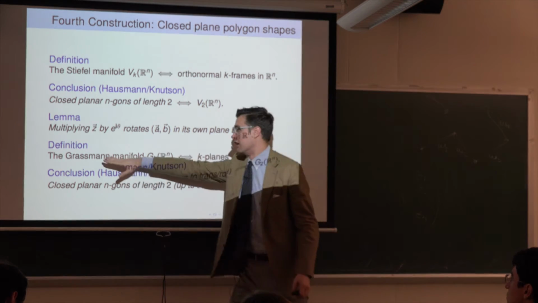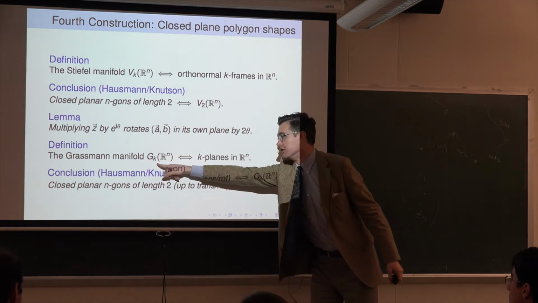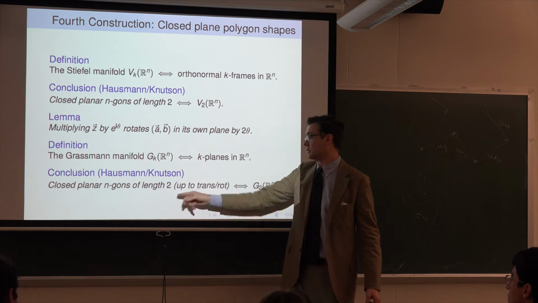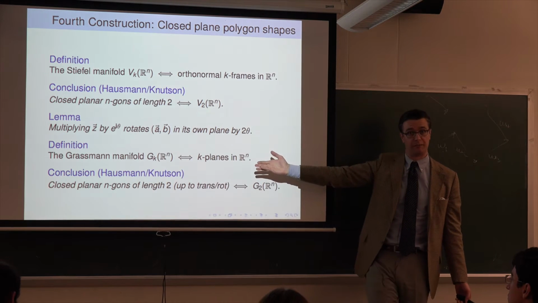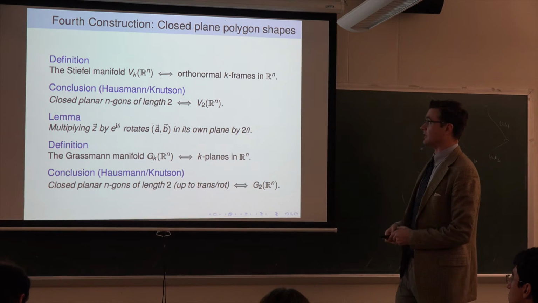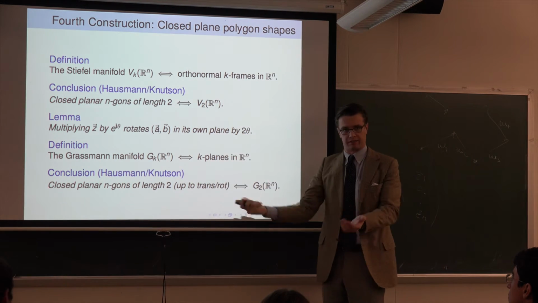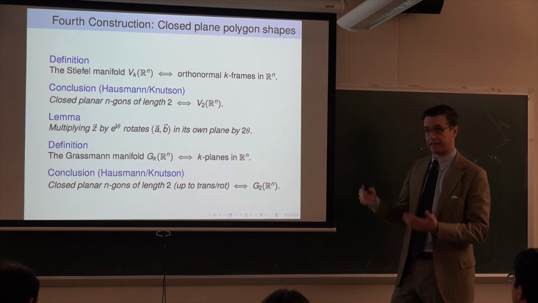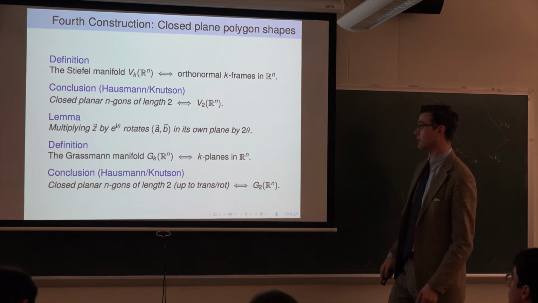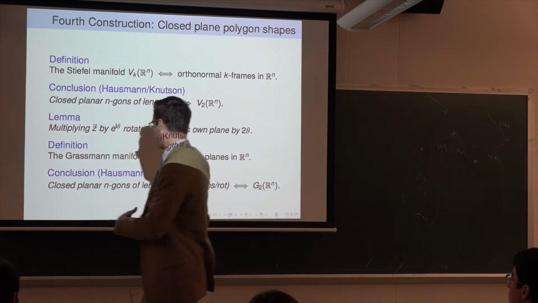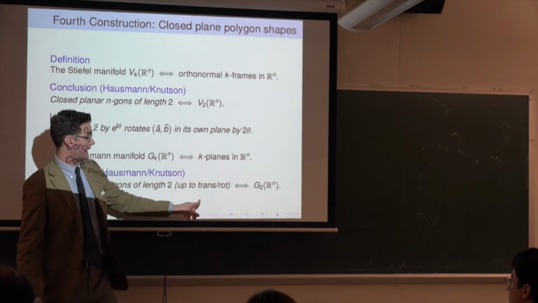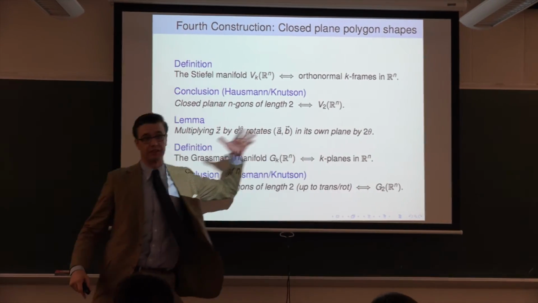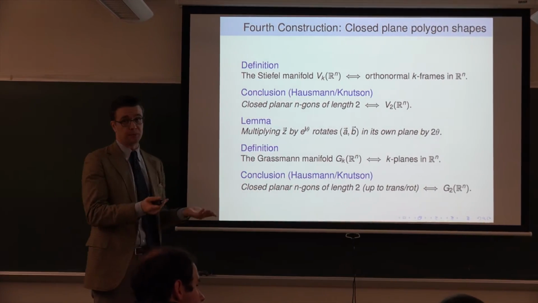And the collection of planes in Rn of dimension k in general, but dimension 2 in this particular case, is another very famous manifold called the Grassmann manifold, which is even better than the Stiefel manifold because it's more of an algebraic object than the Stiefel manifold. So now our polygons, again, of this fixed length scale, but now we've modded out by both translations and rotations, is the Grassmannian of two planes in Rn.